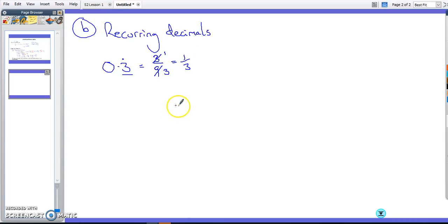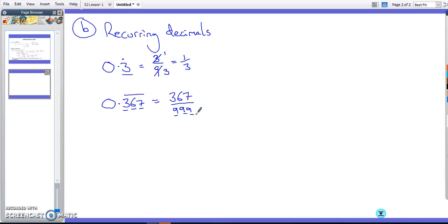If I had, however, 0.367 all recurring, then I have 367 on my numerator, divided by 1, 2, 3 9s underneath.